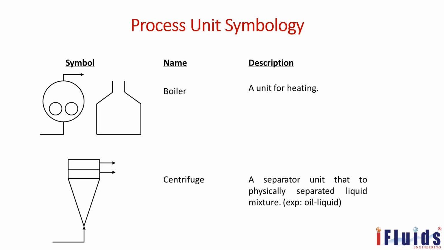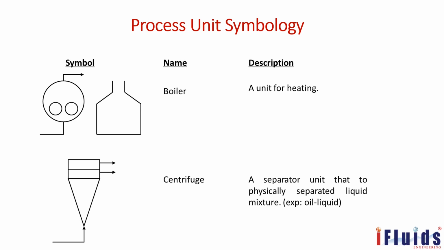This is a boiler. The first symbol is a side view. Another is the boiler symbol when you are going to show the fuel gas and air. In the side view, the two small circles you have to show when a liquid is boiled.